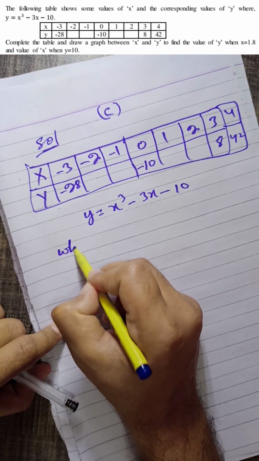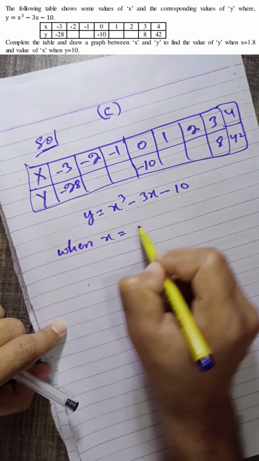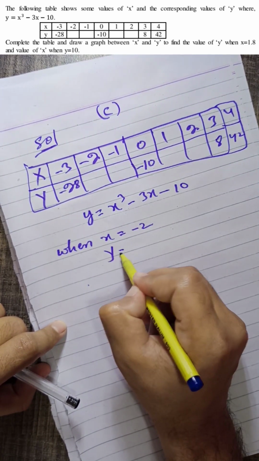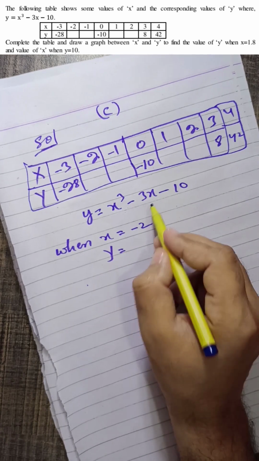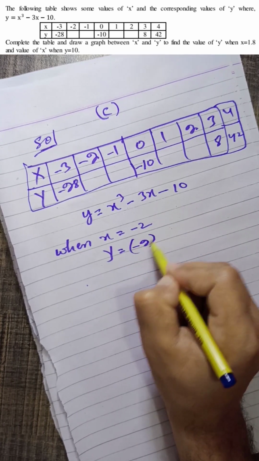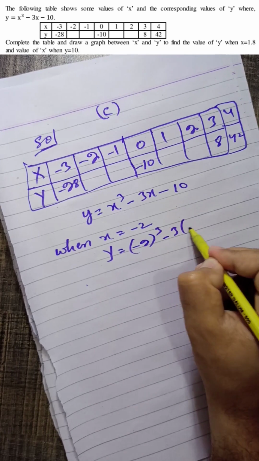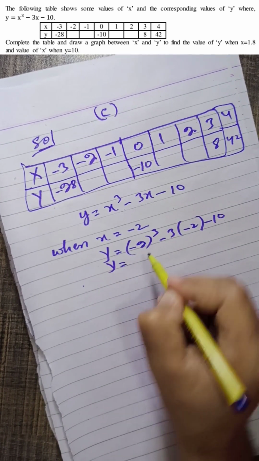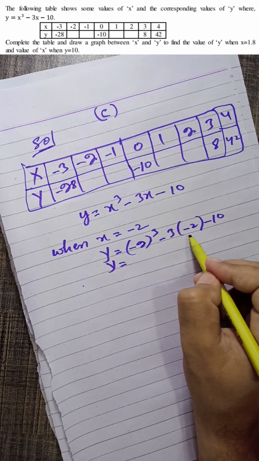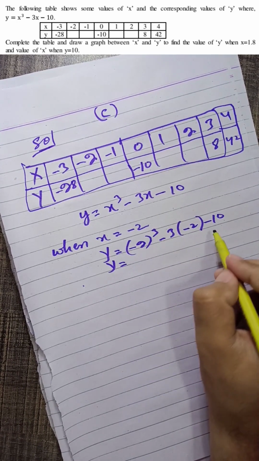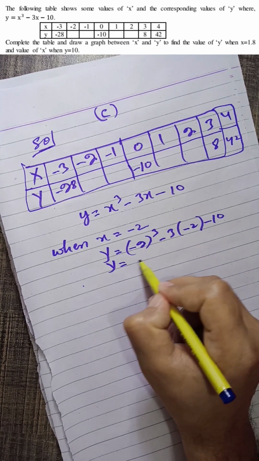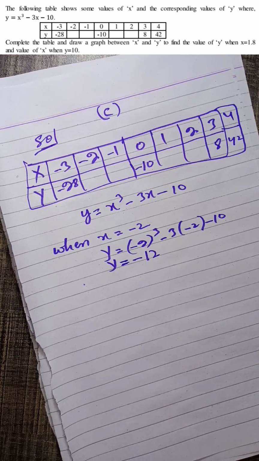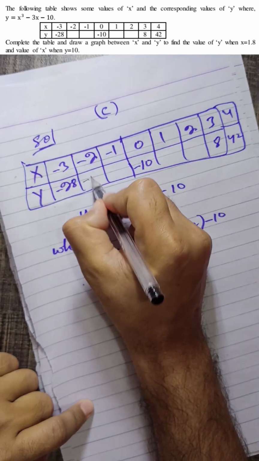When x is equal to minus 2, what will be the value of y? Then y will be equal to minus 2 cube minus 3 into minus 2 minus 10. From here, minus 2 cube is minus 8, and minus 3 into minus 2 is plus 6, and minus 10. This will be equal to minus 12. So if x is equal to minus 2, then y will be minus 12.